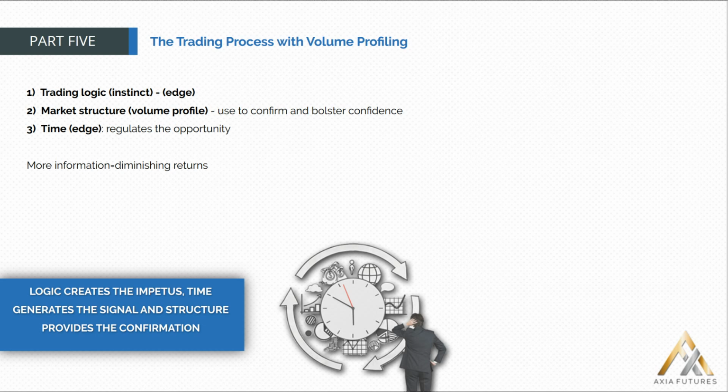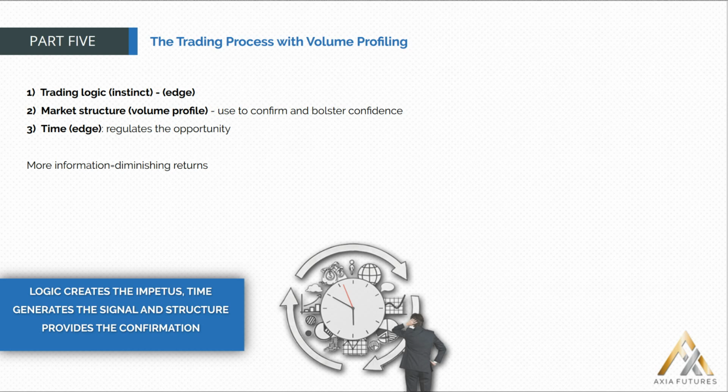Once we have that structure, time is then very crucial, and we're going to talk about the element of time in some detail, but the basic essence of time is that time regulates an opportunity. Now, I've never really gone beyond telling you it regulates the opportunity. So what do I mean? Well, for instance, let's say that we identify a day type as being a trending day type. In a trending day type, we know that a market should see constant initiative all day long, and we should form lots of little distributions as prices move higher and higher.